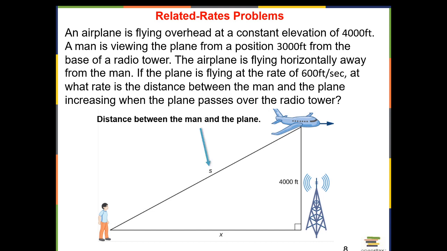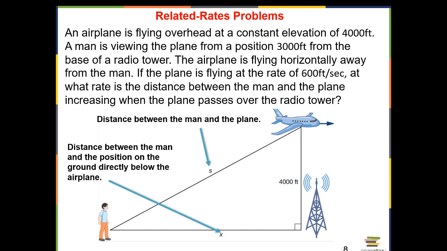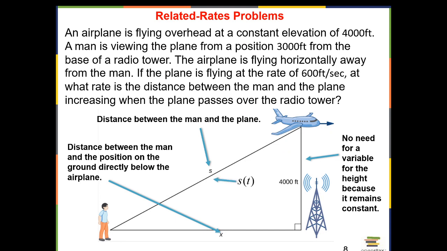So let's look at some variables. There is s, there is x, and there is the height that doesn't change. This is s of t, it changes with respect to time, and this is x of t, it changes with respect to time. So here's the situation. Now we have to look at what it is that we are trying to find. We're trying to find ds/dt.